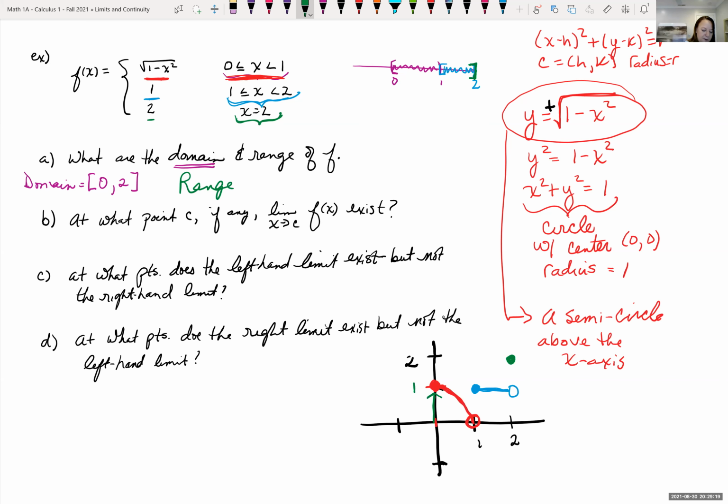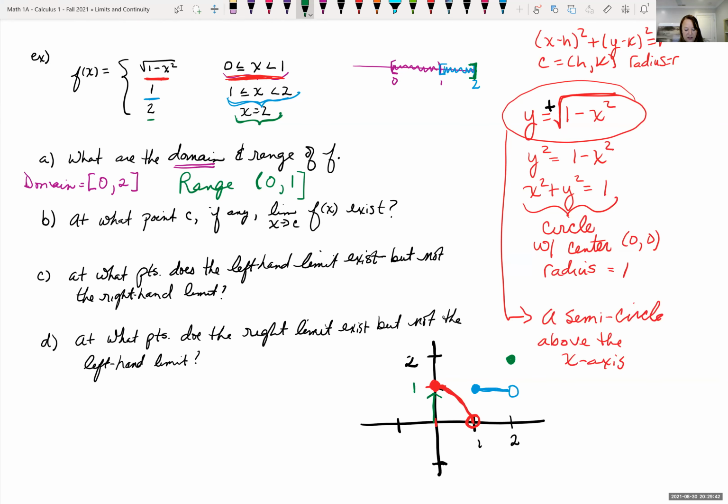So I'm having the y values not including 0, so in interval notation, I'll have an open parenthesis 0, comma, 1 bracket, because notice I do have a y value of 1. But notice there's no y values between 1 and 2.